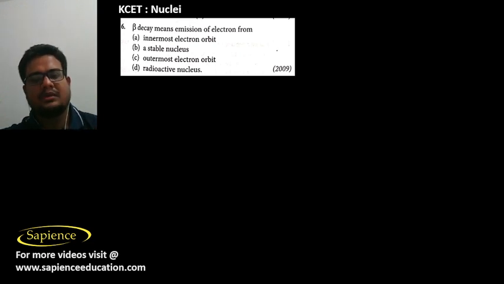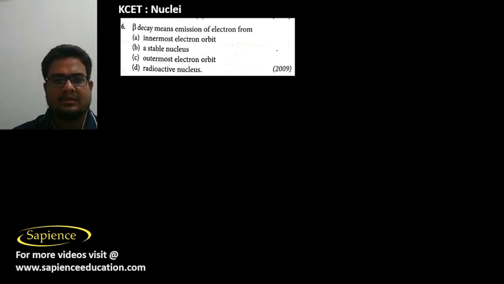Question number 6 it is told, beta decay means emission of electron from the outermost electron orbit, stable nucleus, or an outermost electron orbit.